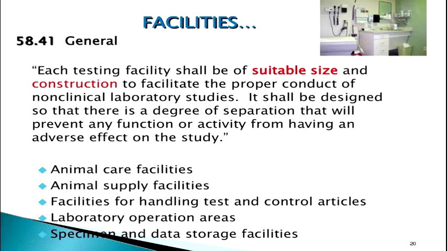Okay, and the facilities that come under non-clinical testing are the animal care facilities. So it's not the animal house directly, but the care units for the animals. That is, in case the animal is sick, what are the facilities available to take care of them? And animal supply facilities: what feed is supplied to them, or from where the animal is transported and how they are being transported, etc. And the facilities for handling test and control articles, laboratory operation areas, and specimen and data storage facilities.